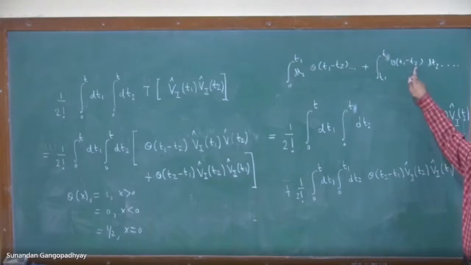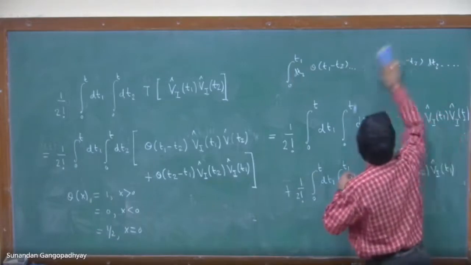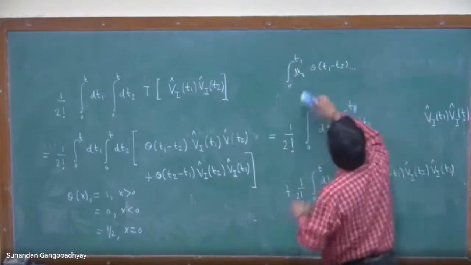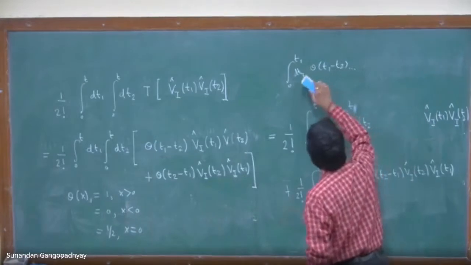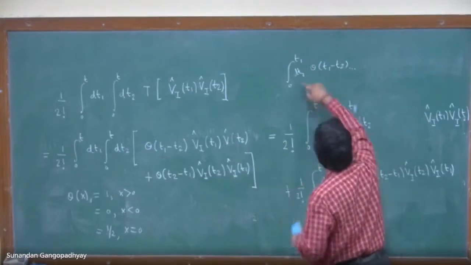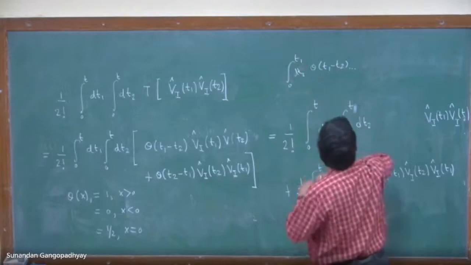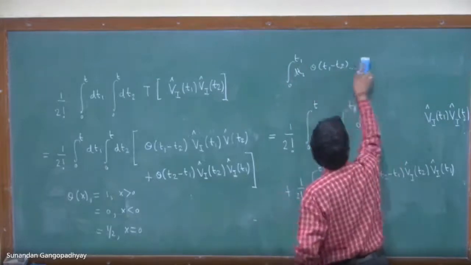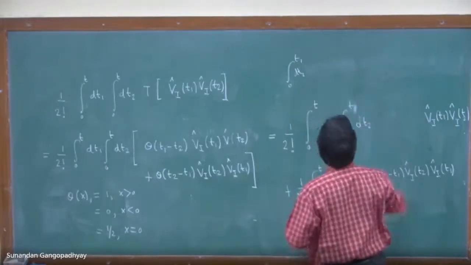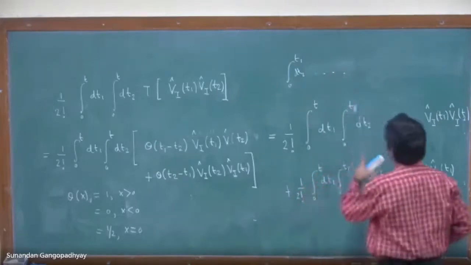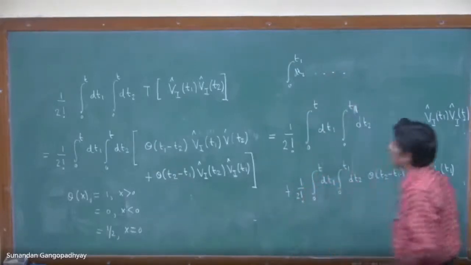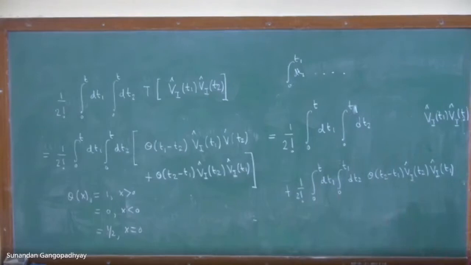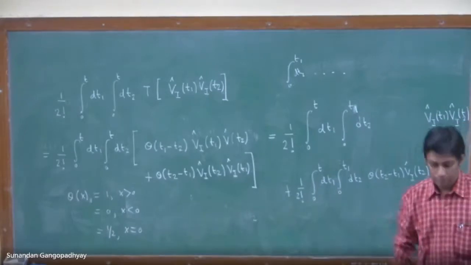So this term will not be there, and therefore you will have only t2 running from 0 to t1. In this range, t2 is smaller than t1, and therefore the theta function is 1, and you just have the operator stuff with the range being 0 to t1. Is this clear? Yes, sir. Good.